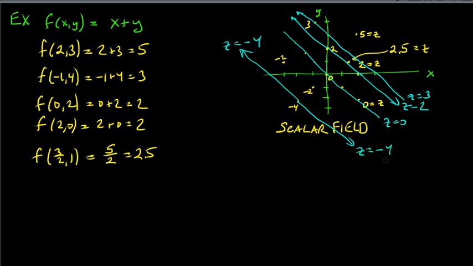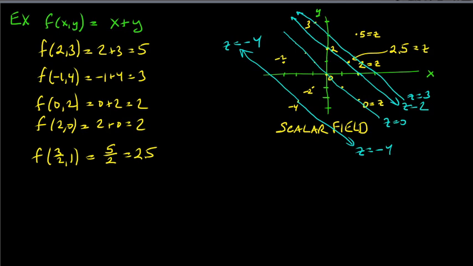So these are straight lines, and they don't have to be straight lines. In other examples, they could be circles or curves in general. So every point on these lines has a constant z value. Or you can think of it in terms of the plane as a constant altitude, a constant height above the xy plane.